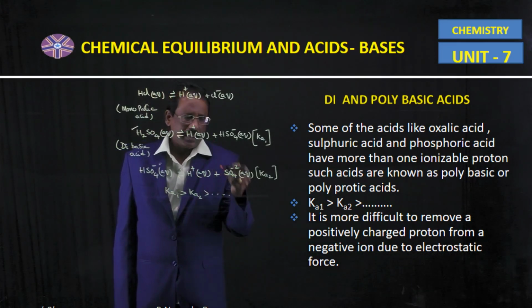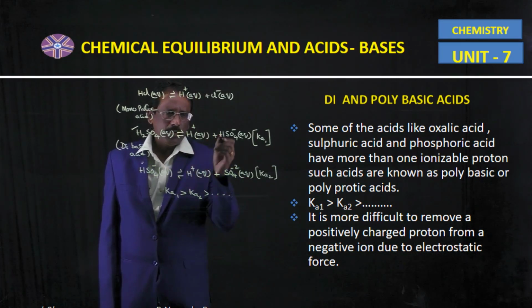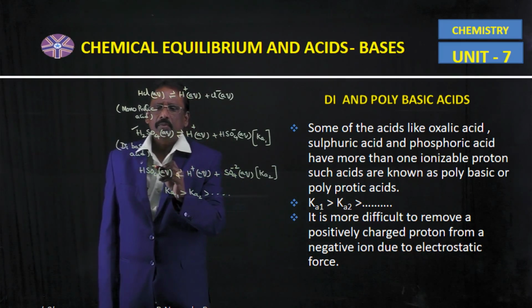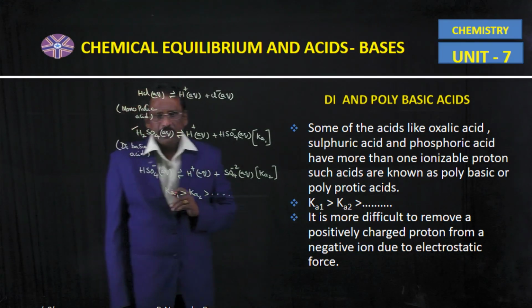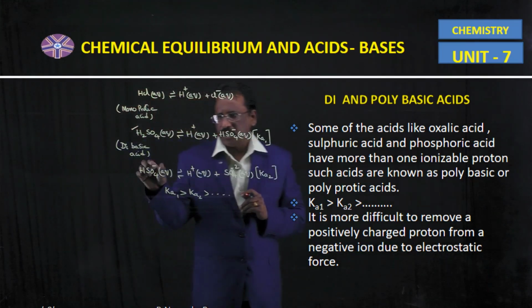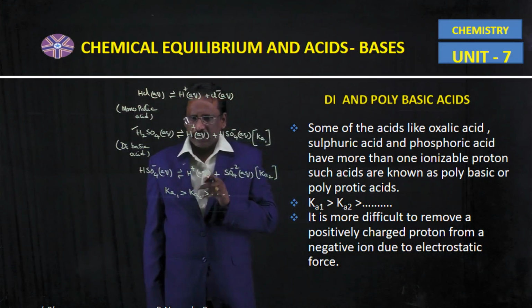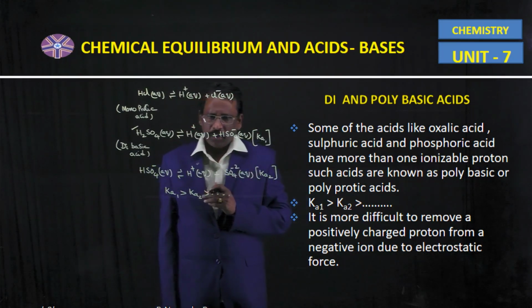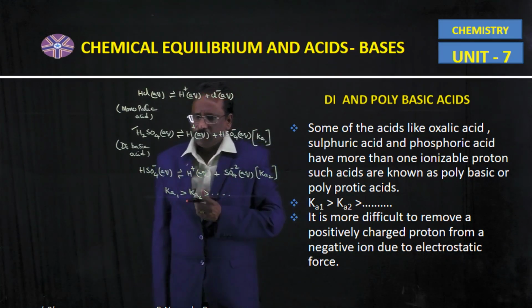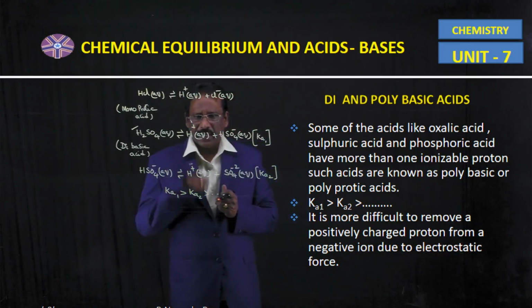But in the second stage, in Ka2, it is difficult to remove the H plus ion from this anion, bisulfate anion, because there are attractions between the positive and negative in bisulfate ion. So it is very difficult to remove a positively charged proton from a negative ion due to electrostatic force of attraction.